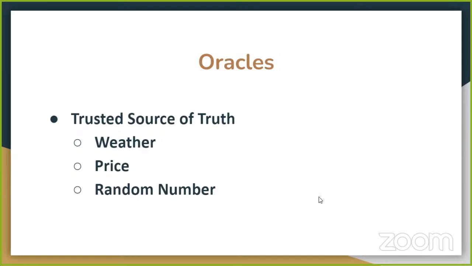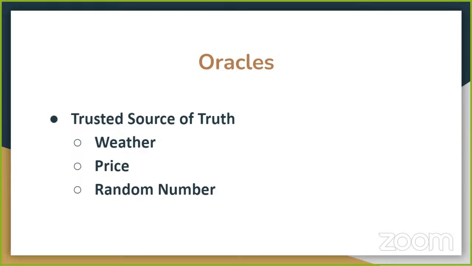And so we can refer to them as a trusted source of truth, because the oracle can give us accurate information that can be used in the blockchain, in order for it to be able to verify itself.